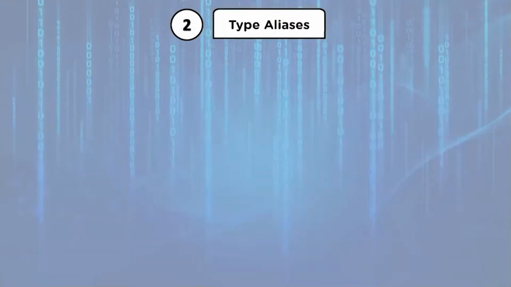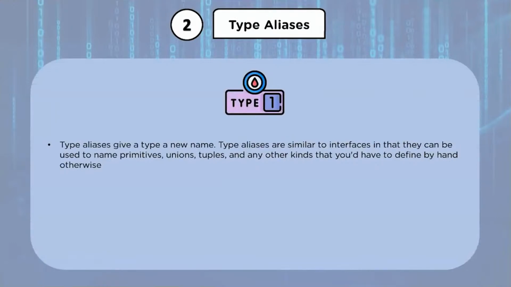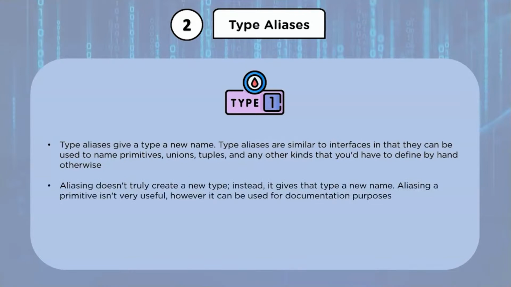Type aliases. Type aliases give a type a new name. Type aliases are similar to interfaces in that they can be used to name primitives, unions, tuples, and any other kind that you would have to define by hand otherwise. Aliasing doesn't truly create a new type. Instead, it gives the type a new name.